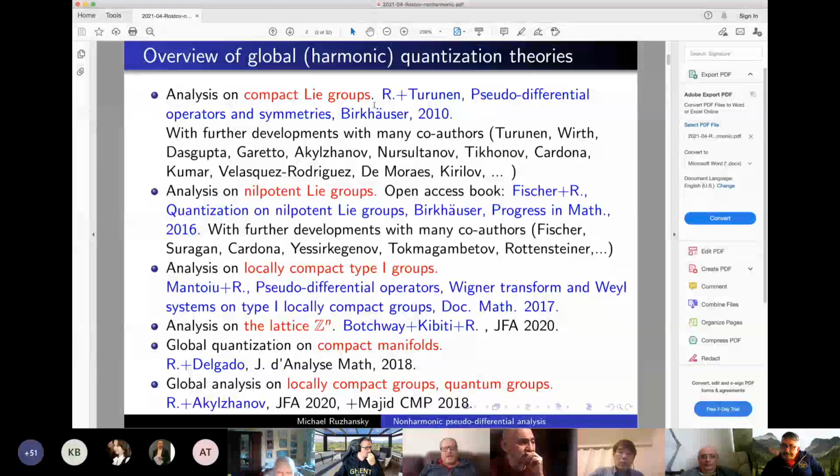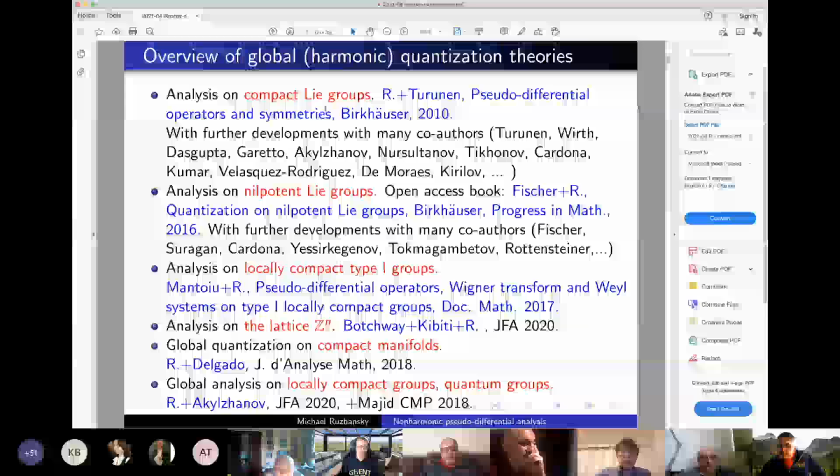This is still harmonic analysis, and for operators we now have a version in development of a theory of operators acting on vector bundles. But these are all harmonic theories from this point of view, because of the group structure. So this is a compact situation.